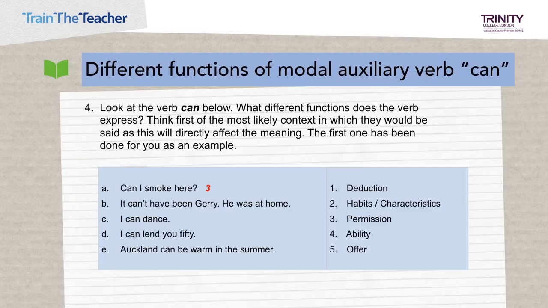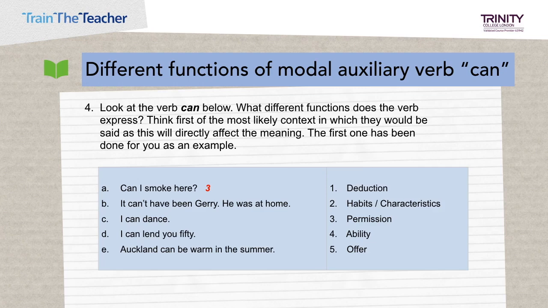So for this input, we are continuing on the verb types task sheet. Look at question 4 and at the verb can in the different sentences here. What different functions does the verb express in each sentence? So they all have the same form, apart from the question and the negative.